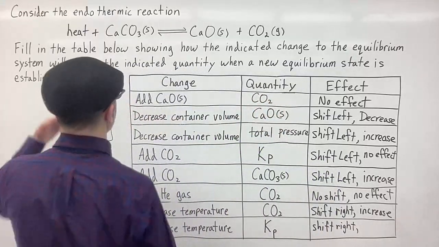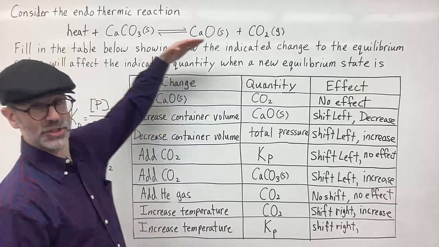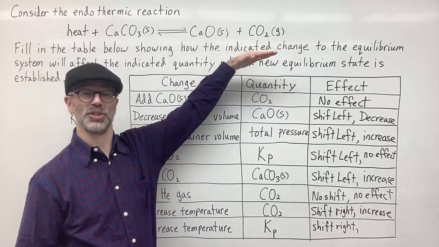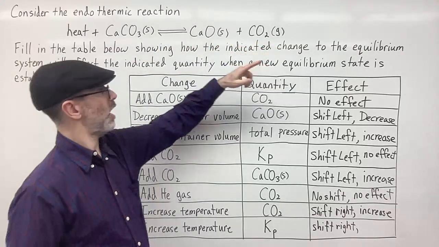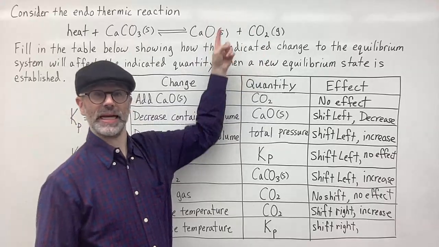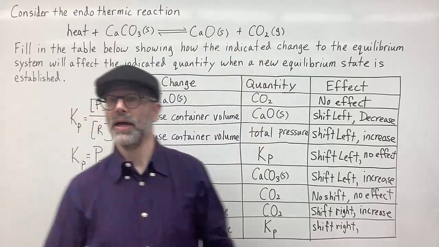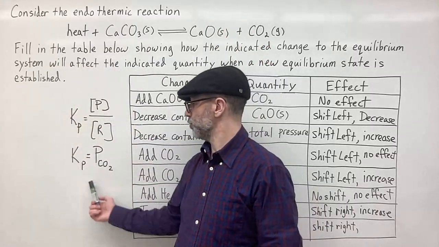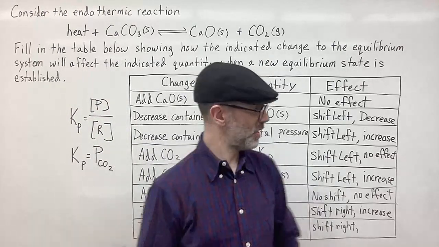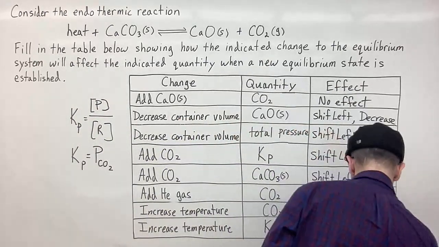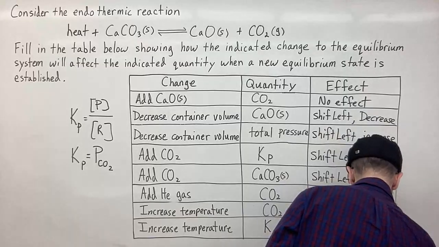So therefore, if this is going to shift in this direction because I'm increasing temperature, then I'm going to increase the CO2, and if I increase the pressure of CO2, then I'm increasing Kp, so that increases.